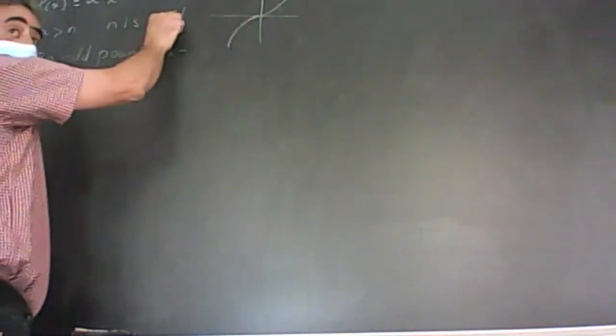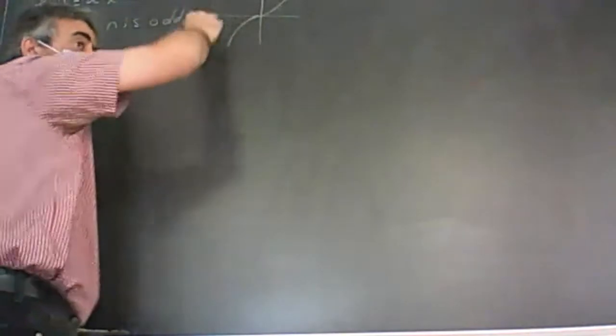You take a negative, you raise it to an odd power, you get negative. If you take a negative and raise it to an even power, you get positive. Yes? So let's see what happens. In here, n is odd. In this area, x is negative. So I take a negative number and raise it to an odd power, I get negative. Correct?